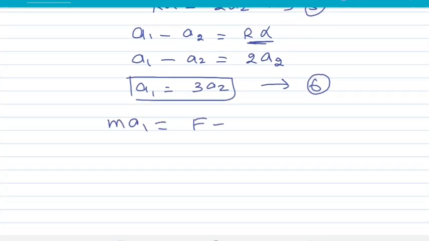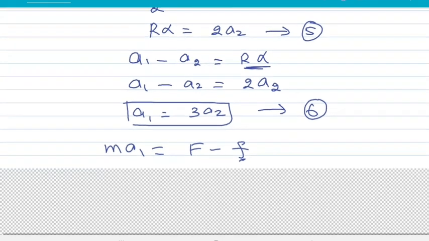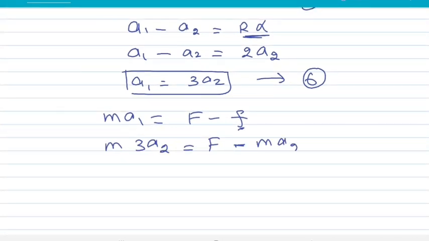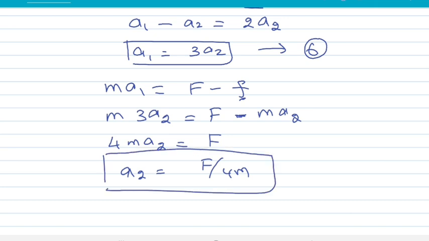In the place of A1 I can take 3 A2, is equal to capital F minus, in the place of the frictional force, m into A2. Now bringing this minus m A2 to the other side, we get 4 m A2 is equal to F, so A2 is equal to F by 4m. So the acceleration of the plank is F by 4m.